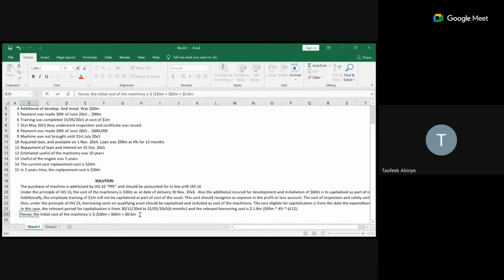Which other cost did we capitalize again? 1.8, which is our borrowing cost, right? So let's capitalize our borrowing costs.